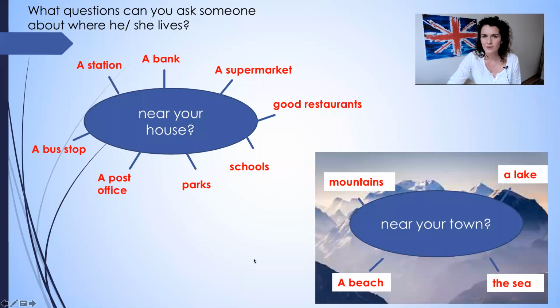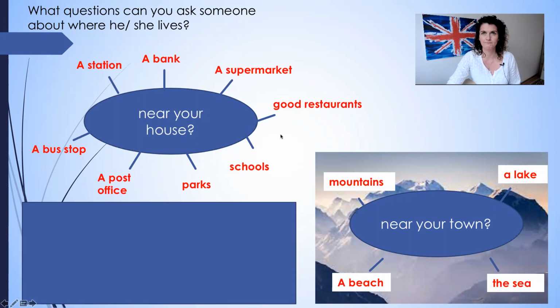Okay, now you will be able to put some questions together, okay? Remember, we either use is there or are there, and we use any for plural or a for singular.